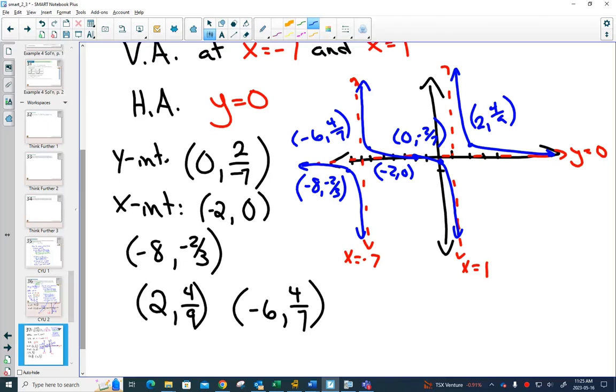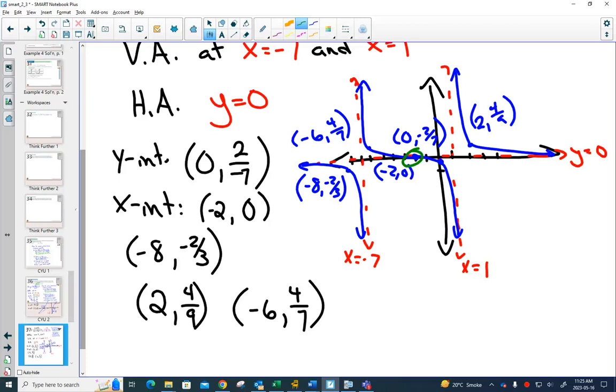So in this example, we needed a lot of additional points to tell which asymptote it's going to go to. Sometimes one point is enough. The problem in the middle section is the one point that we had was right on the asymptote. So we could have either gone up or down to figure it out.